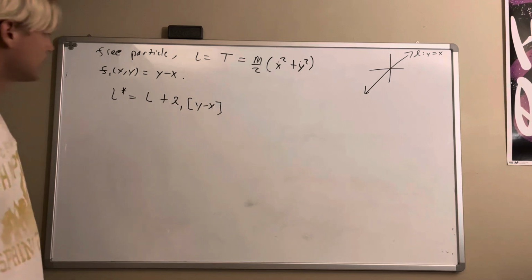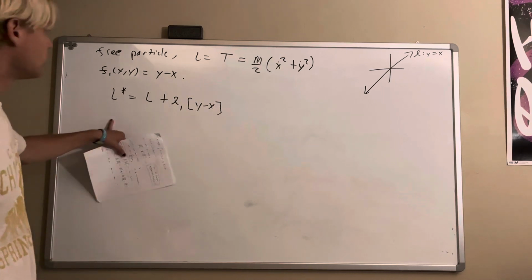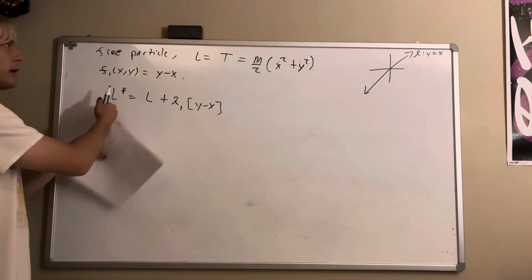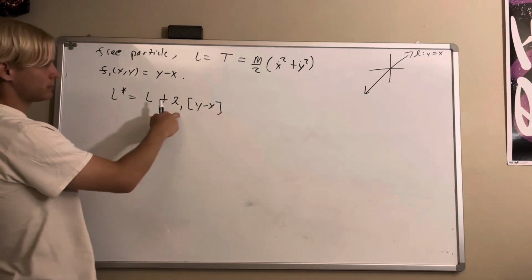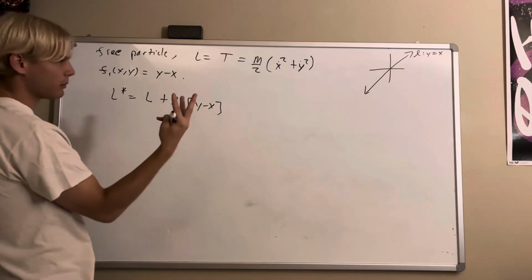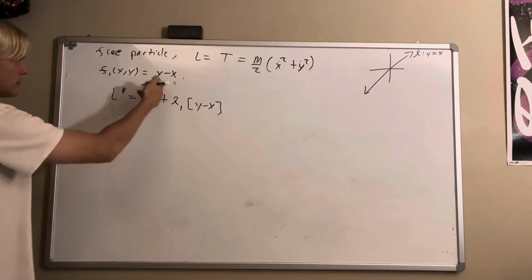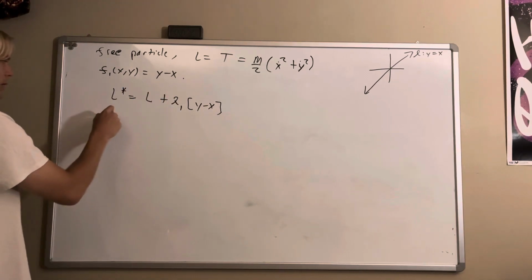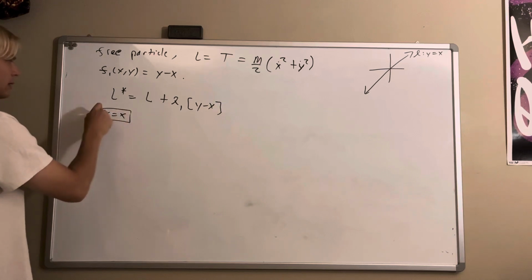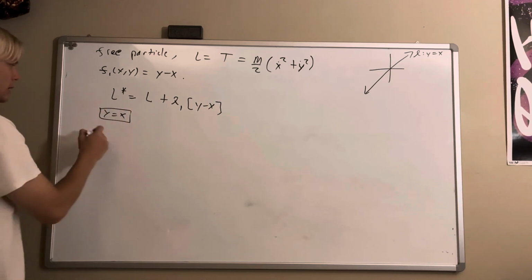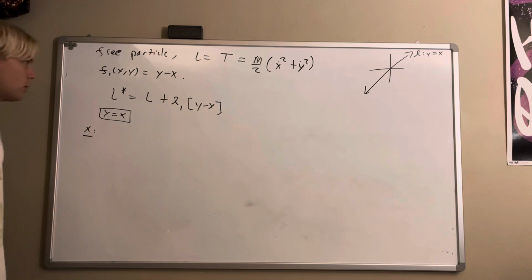Like I said, we treat this like it's a normal Lagrangian with one more term, so it's 1, 2, 3 variables. And the third variable, we can already write it down because we know it just gives you this, so we get y is equal to x. That's one of the Lagrange equations for this. For the x variable, what do we get?